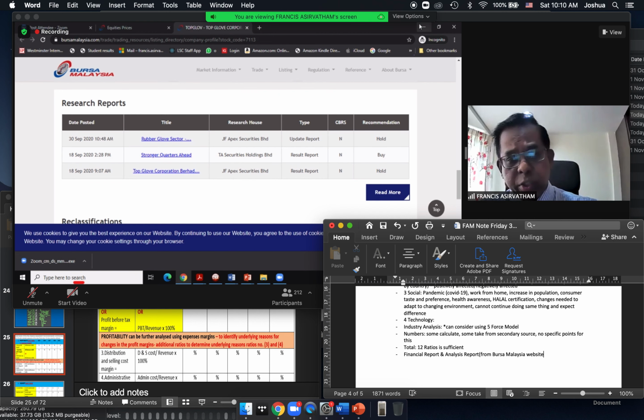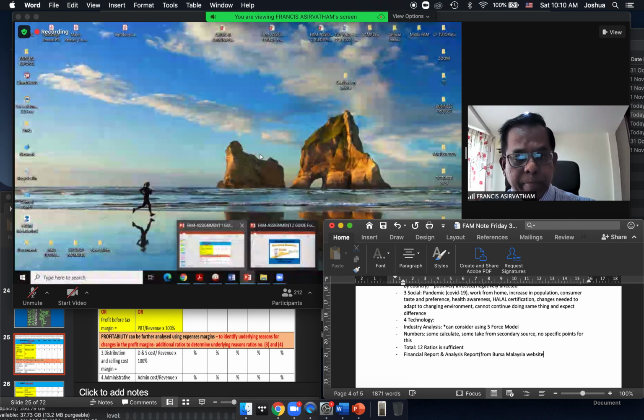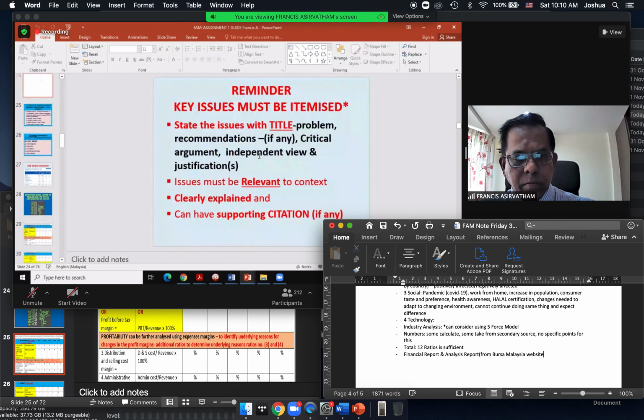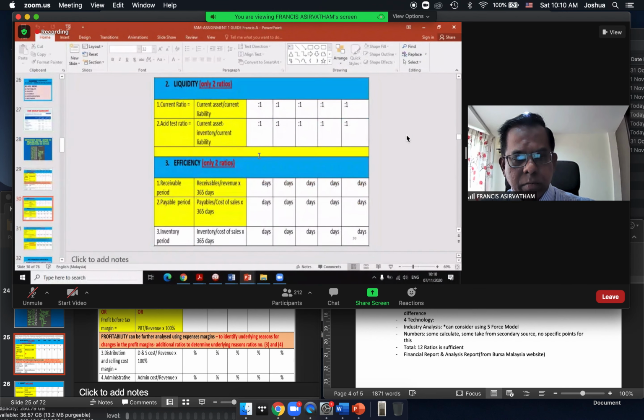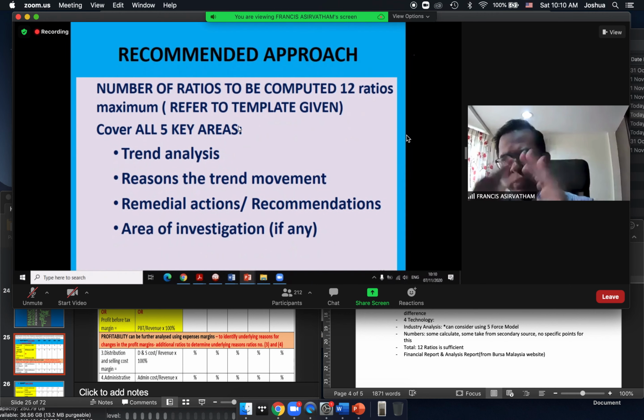Now, the next question is, why do I need to know this? When you analyze and calculate the numbers, there are a couple of things the students must do.